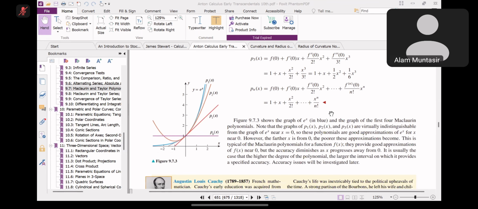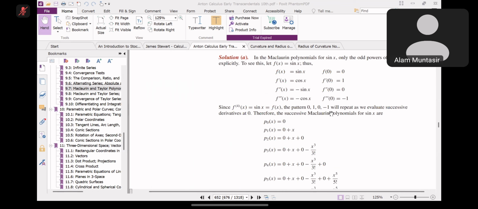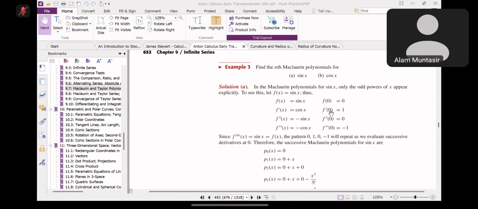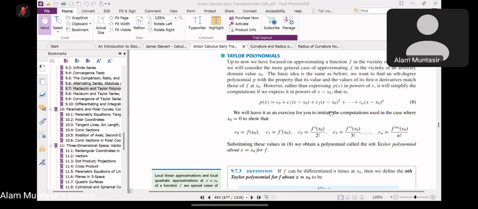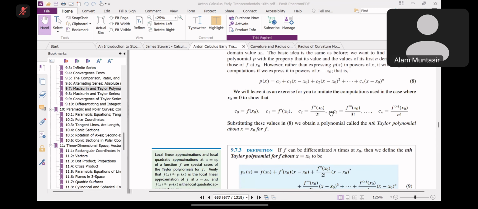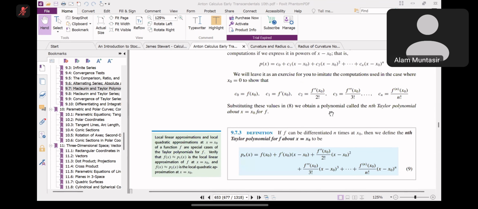Based on the same formula, we can expand it for some other functions like sine x, cosine x, also the reciprocal function 1 over 1 minus x. The rule is the same. And if you are dealing with Taylor polynomial, then instead of 0, you should replace any other value, x equal to x naught.